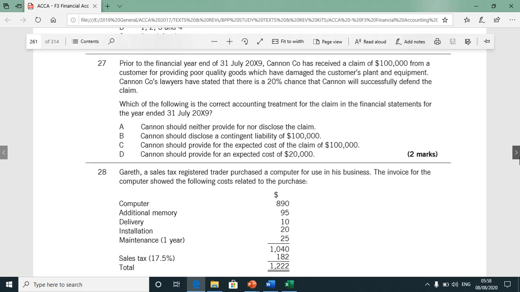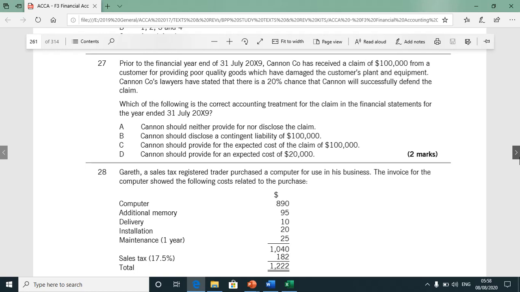Which of the following is the correct accounting treatment for the claim in the financial statements for the year ending 31st July 20X9? So in such kind of cases, we need to look for the probability that we are going to successfully defend the claim. In this case, we are told that we have got a 20% chance, and it means the customer has got an 80% chance of succeeding against us.